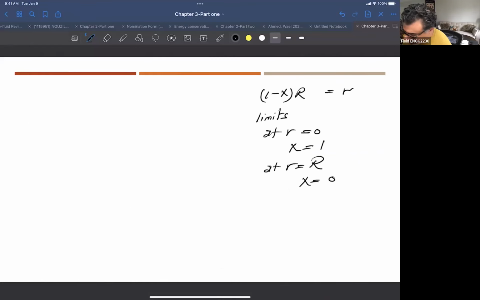Now I can change the integration to Q equal to, by u naught. And now I just change the integration with respect to x, right? So it's going to be x to the power 0.5. R here is R times 1 minus x, right?